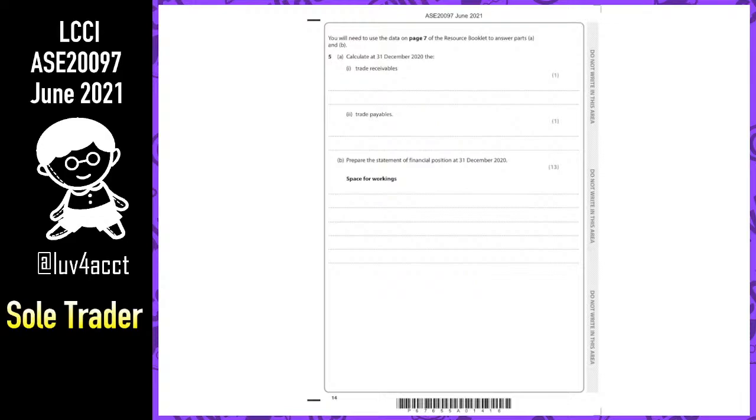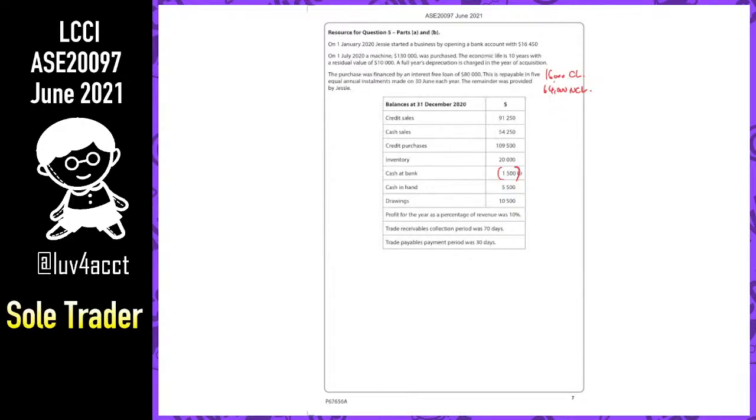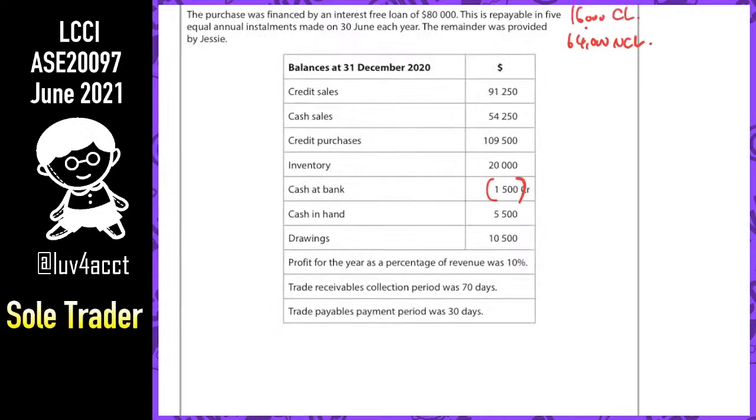Okay, so calculate, for the year end, trade receivables and payables. 70 days, 30 days. And then credit sales, credit purchases: 91,250, 109,500.